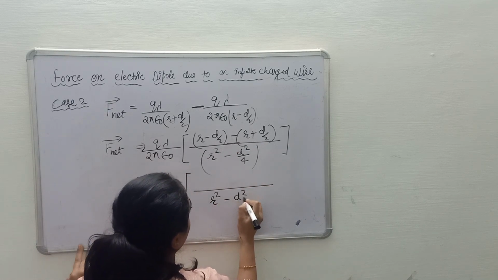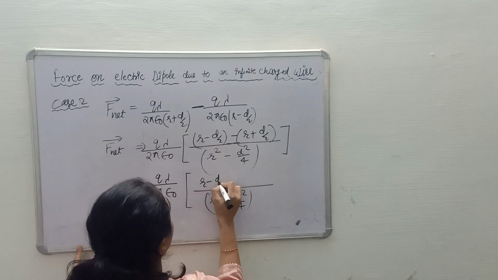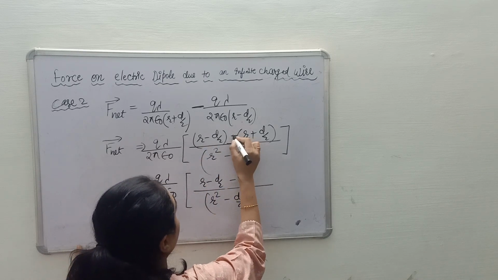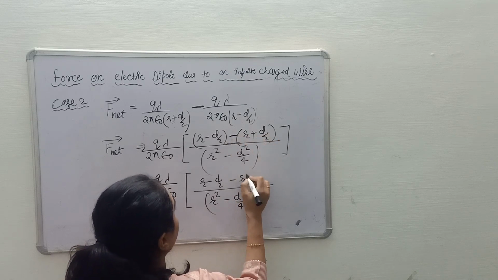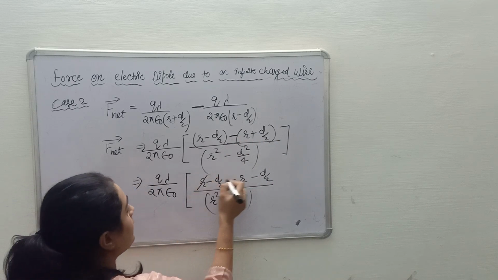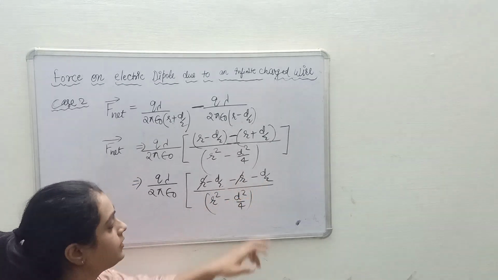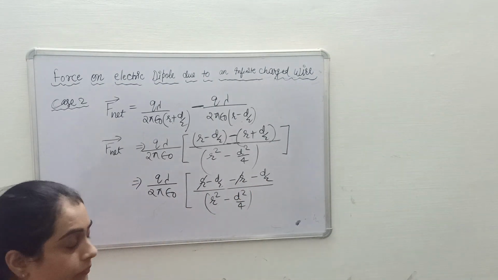In the denominator it is this; numerator r minus d by 2 minus r, and after solving the bracket minus d by 2. Okay, so this r and this r cancel out, and this minus d by 2 and this minus d by 2 will become minus d.